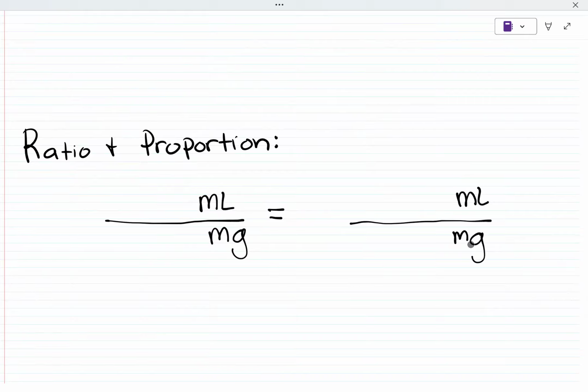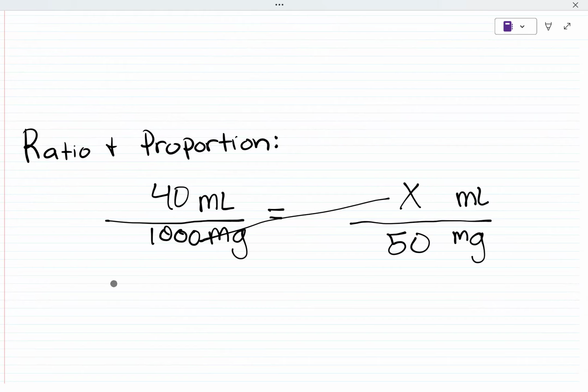So we were given 1,000 milligrams or 40 milliliters, and we want to know how many milliliters are in 50 milligrams, right? And then go ahead and cross multiply. So 1,000 times x is 1,000x.